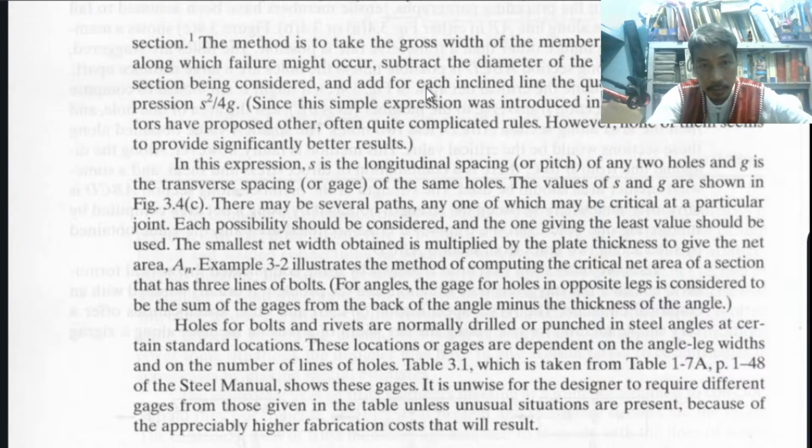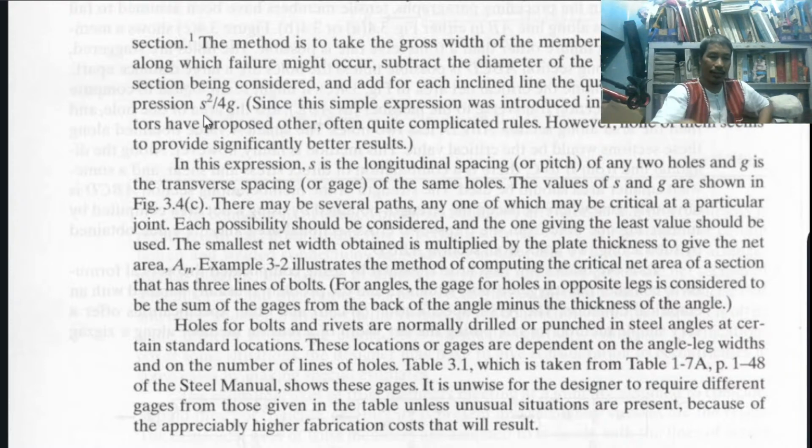Subtract, and add for each inclined line. What do we mean by inclined? Diagonal. For each diagonal line, we have to add. Take note, we subtract the number of holes, but we add a quantity equal to S squared over 4G.